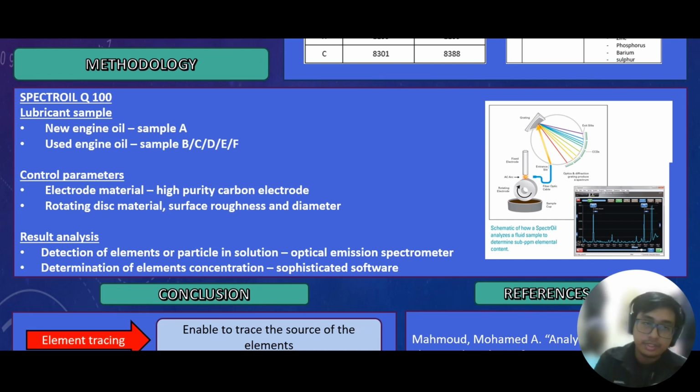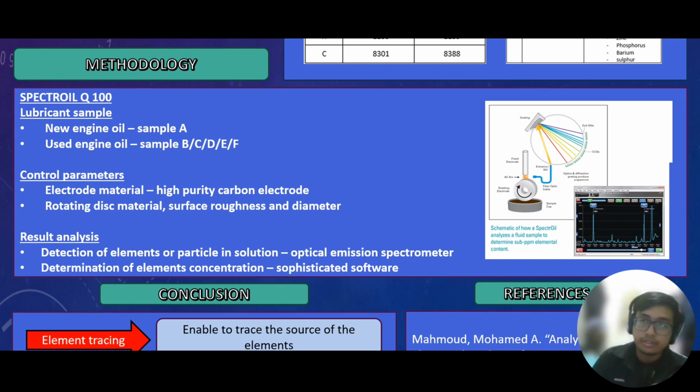Using this machine, there are several control parameters. There is the electrode material, which is a high purity carbon electrode. Other than that, the thickness of the material is also one of the control parameters, as well as the surface roughness and the diameter.